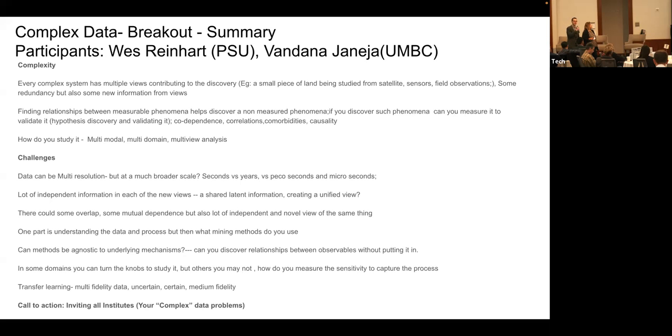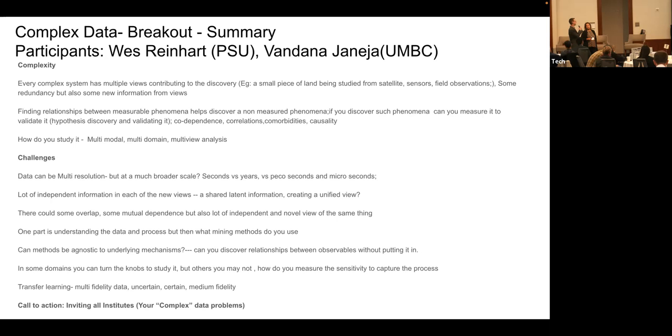Some of it's going to be redundant, some of it's going to be independent. We want to find relationships between these things. This can help us do things like reduce error bars, if there's mutual information, but it might also tell us something about phenomena and processes. How these things are related might eventually let us go towards understanding causality.